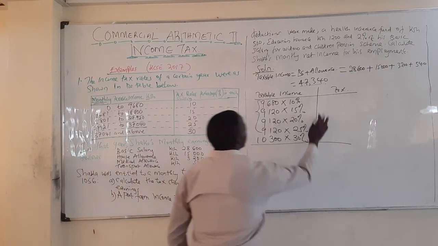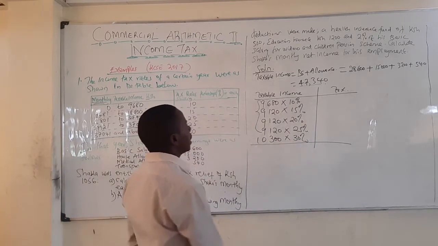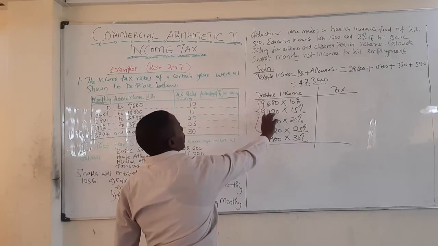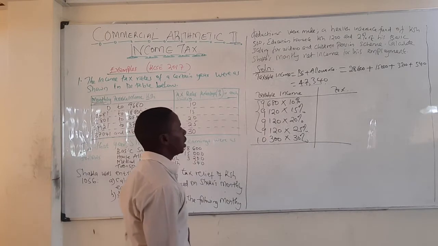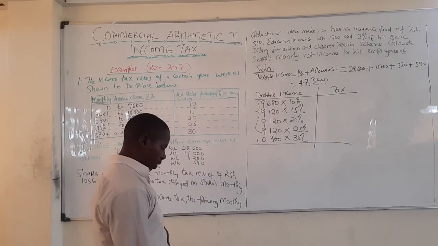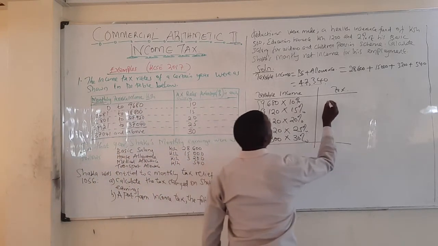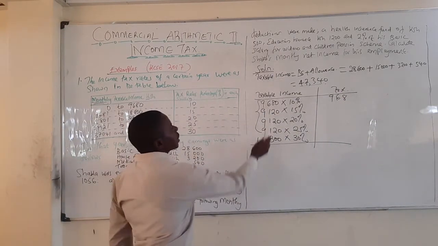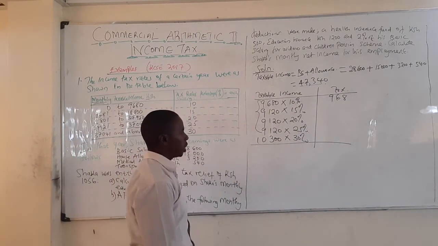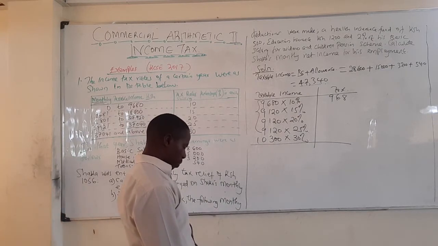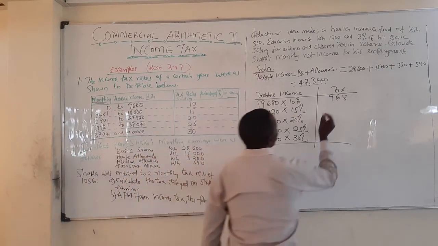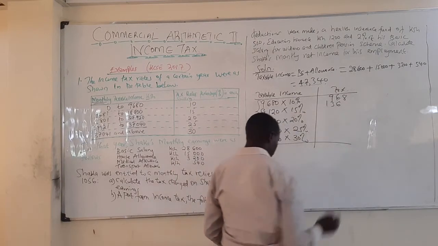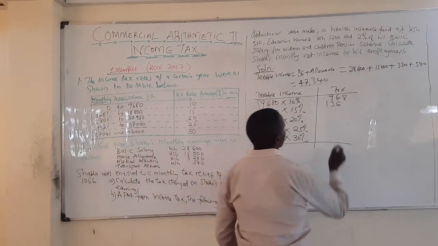Then on the other side, we multiply. So 9,680 times 10%, using a calculator, is going to give you 968. Then 9,120 times 15%, that one is going to give you 1,368.